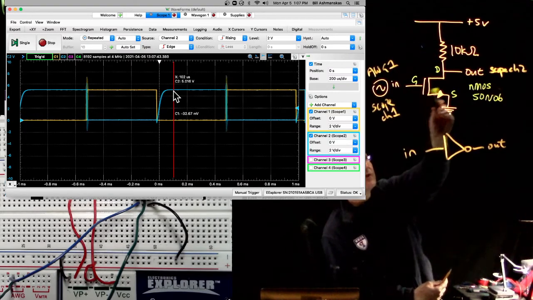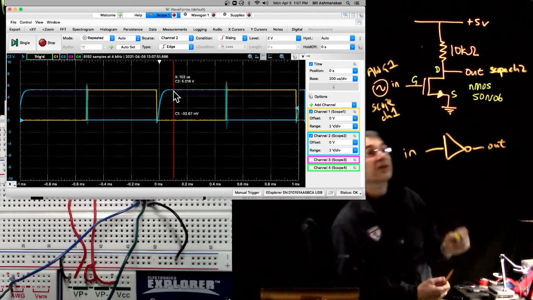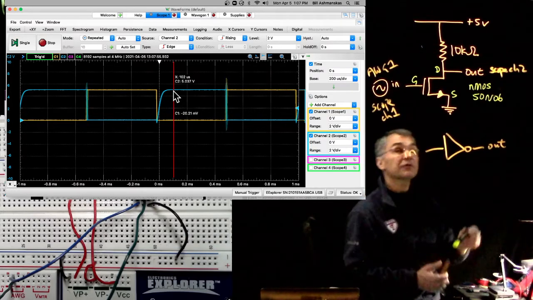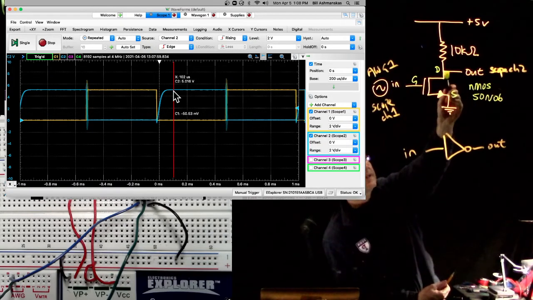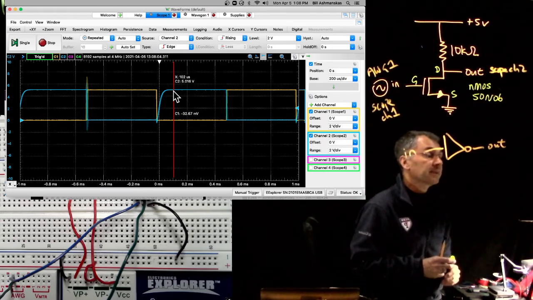When the transistor is off, when VGS is below threshold, the output is pulled up kind of gently through this 10K resistor. So the resistance to ground when the output is low is much smaller than the resistance to +5 when the output is high.